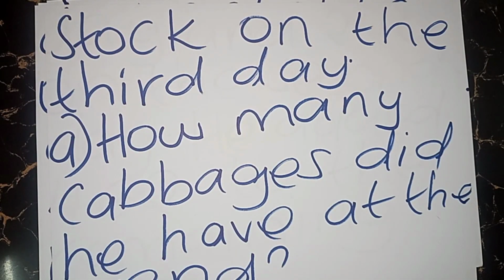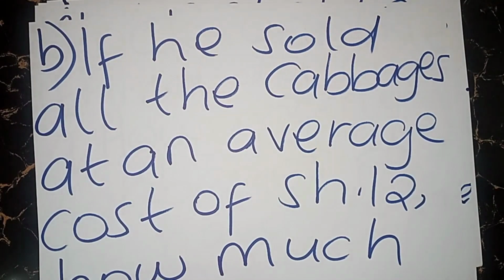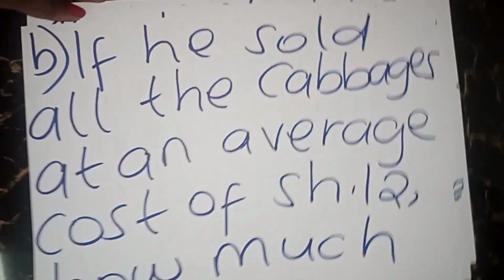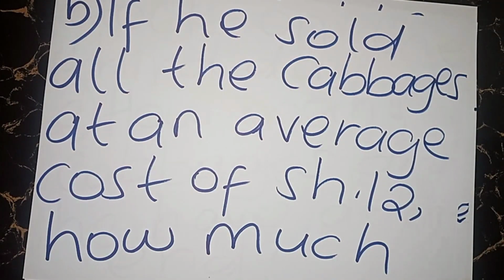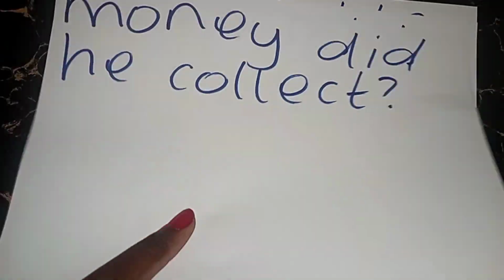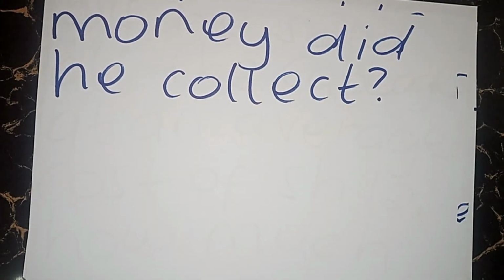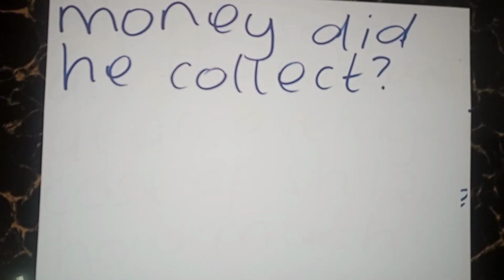Part A, how many cabbages did he have at the end? B, if he sold all the cabbages at an average cost of 12 shillings, how much money did he collect? So this is one very easy question.